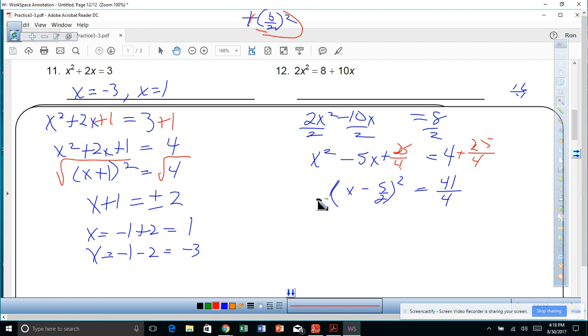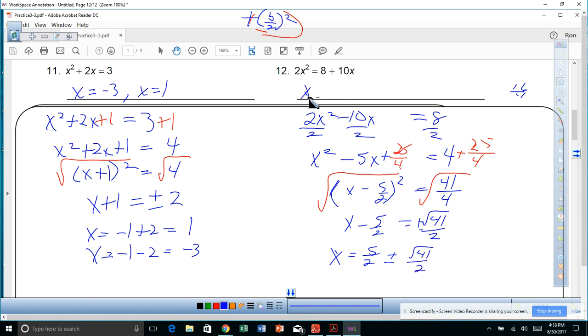Now I'll take the square root of both sides, and I get x minus 5 halves equals the square root of 41 over 2. All right, add 5 halves, so x equals 5 halves plus or minus the square root of 41 over 2.